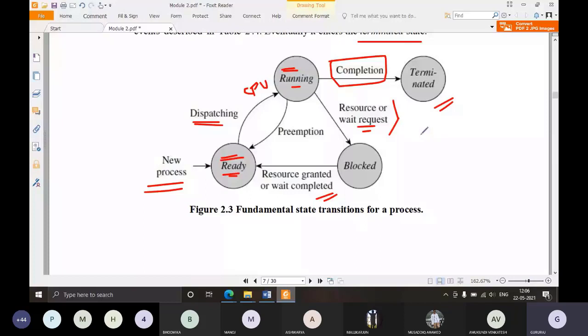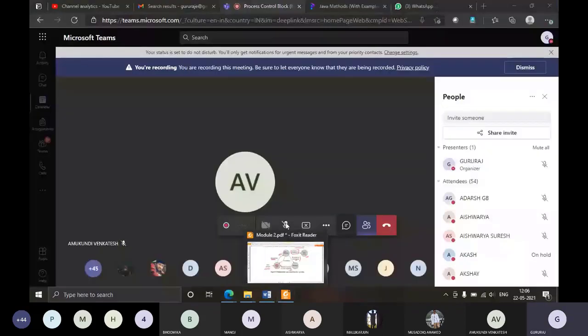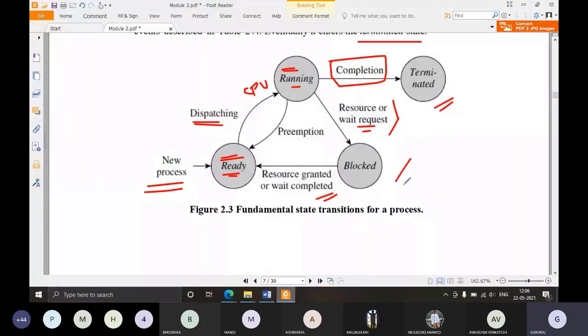There are certain scenarios that are not possible to represent using these four fundamental states.